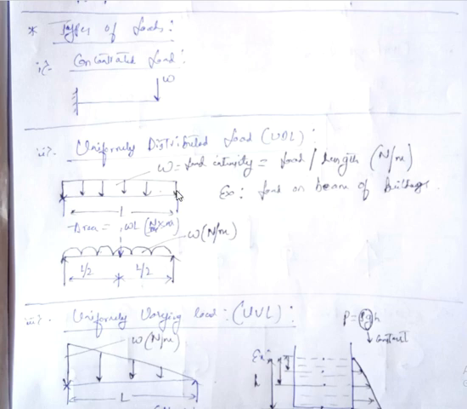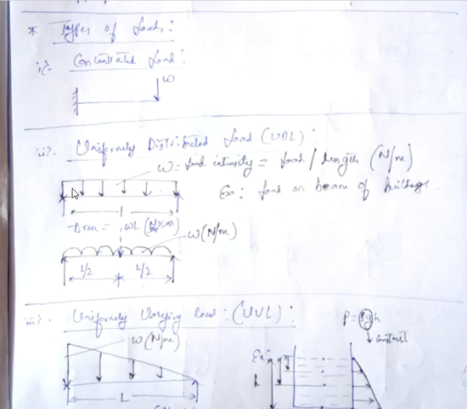But the thing we need to understand here is, we represent this uniformly distributed load in terms of load intensity, not the load. Then what is load intensity? Load intensity is nothing but load per unit length. That is, if I consider a beam of unit length, say 1 meter, then in that 1 meter length of beam, what is the value of load which is acting?